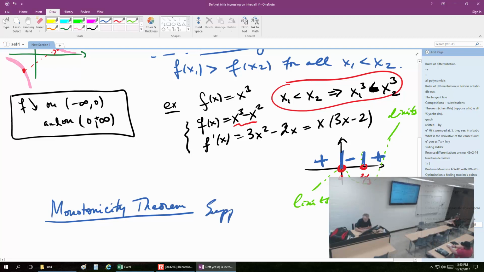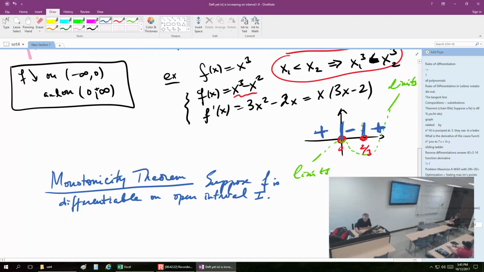So suppose f is differentiable on (a, b), just an open interval, I.